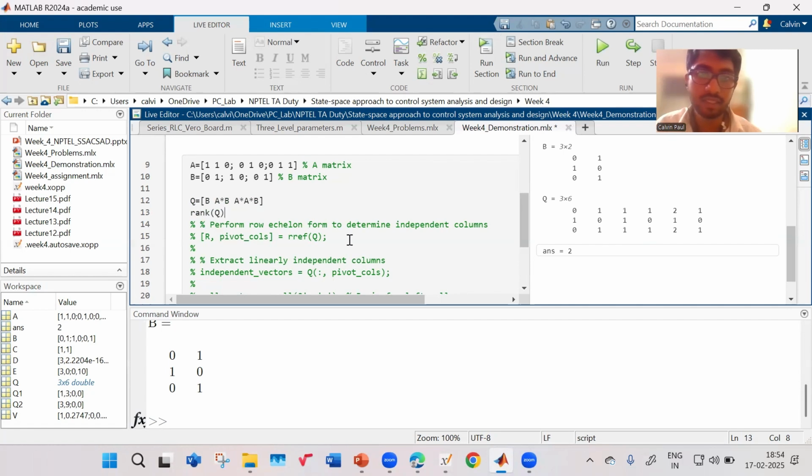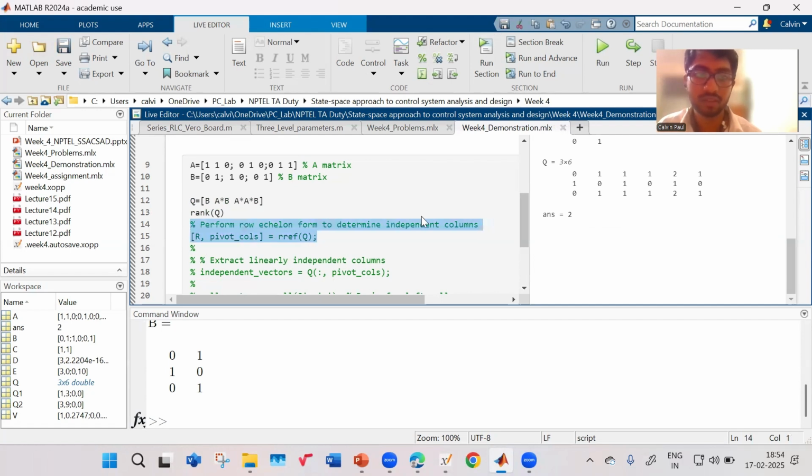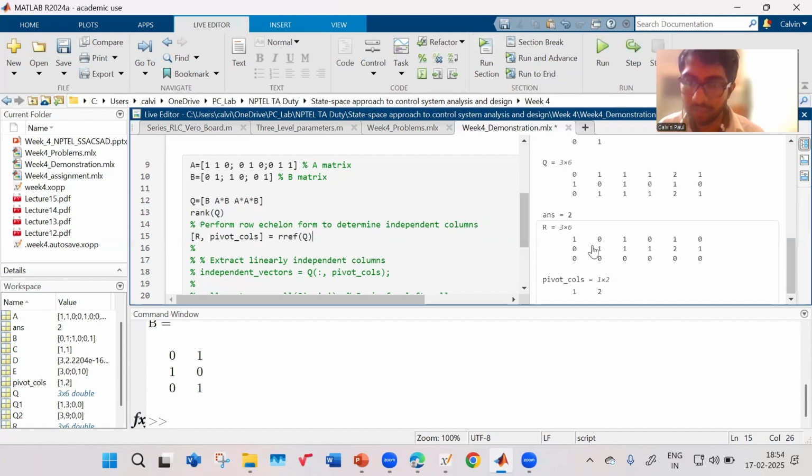Then there is a way to determine the independent columns. MATLAB has a command. It's given like this. You have to convert it to row echelon form and you will get the matrix R. Let us show. This is the matrix R which you get, and these are the pivot columns, that is one and two. Okay.